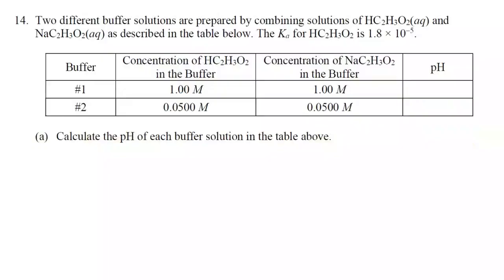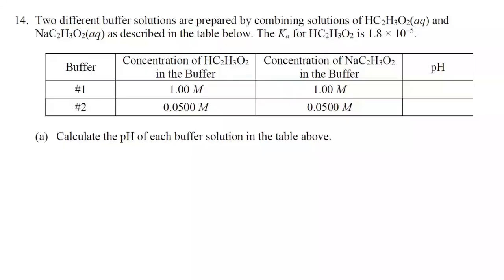All right, this is question 14 in the packet. It says 2 different buffer solutions are prepared by combining solutions of acetic acid, HC2H3O2, and sodium acetate, NaC2H3O2, as described in the table below. The Ka for acetic acid is 1.8 times 10 to the negative 5.